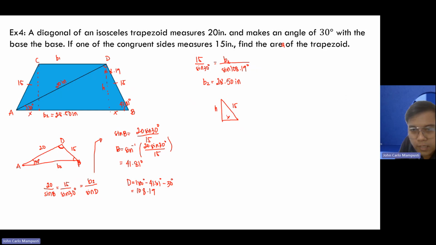So this is height, this is x, this is 41.81 degrees. So paano na natin hahanapin yung x? X is equal to 15 cosine 41.81. Cosine is adjacent over hypotenuse. So cross multiply ko lang. And then y is equal to 15 sine 41.81 degrees.